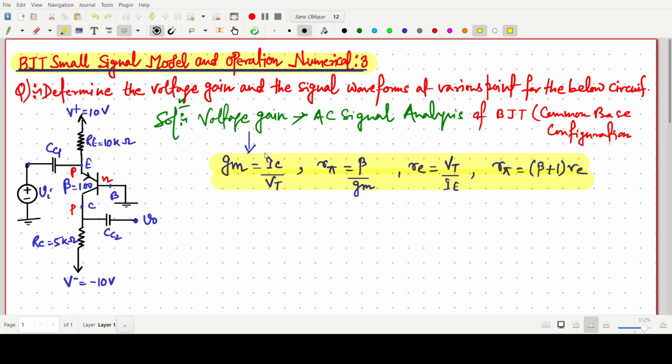First of all, there is the DC term: the collector current IC and the DC emitter current IE. So first we have to go for the DC analysis for the calculation of IC, IE, and maybe VC. So step one: we will go for the DC analysis.